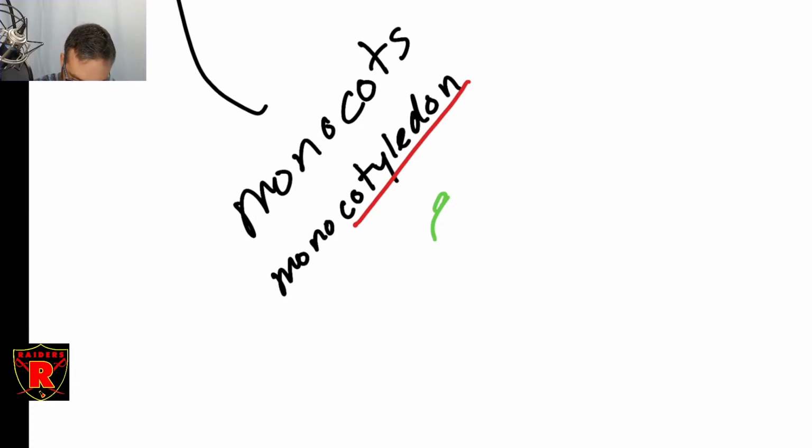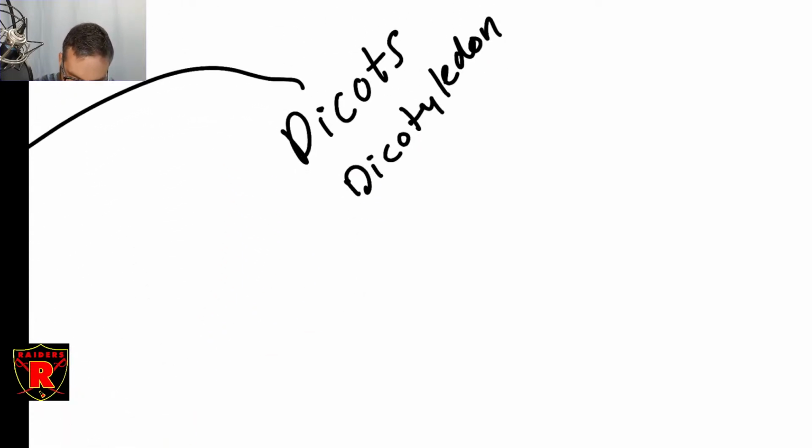In fact, I'm gonna redo this real quick and draw a kernel of corn, because corn is a monocotyledon. I think what I did draw was something that looked like a bean, and beans are actually dicots.